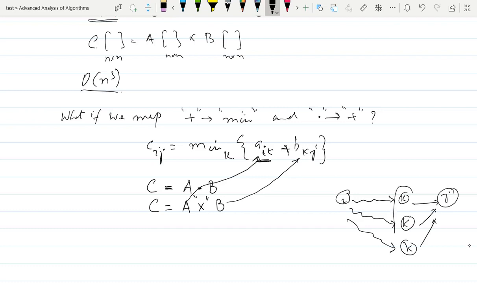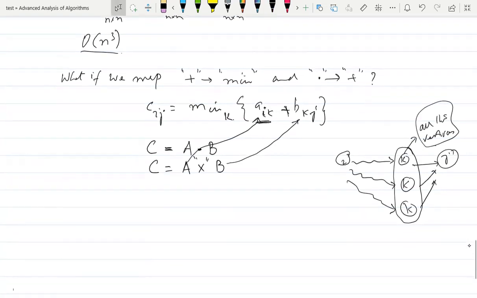How many possibilities of k's are there? All the vertices can be considered. That makes sense because we are allowing any vertex k, and seeing whether there is a direct link between k and j. If there is, we see if it improves our path or not.